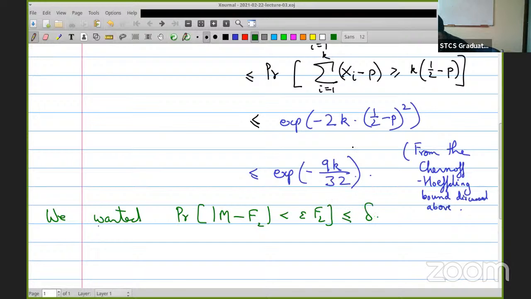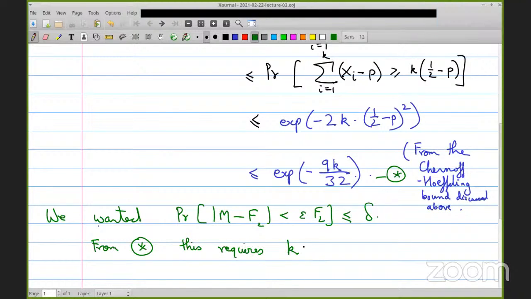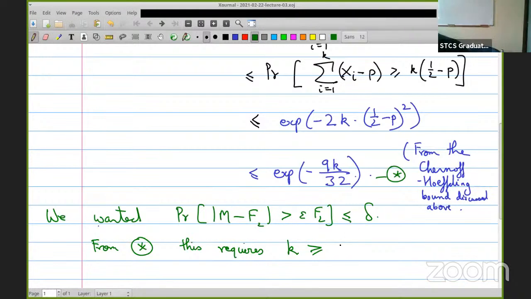So we want to make this thing less than delta. So from star, this requires k bigger than something like 52 by 9 log 1 over delta.